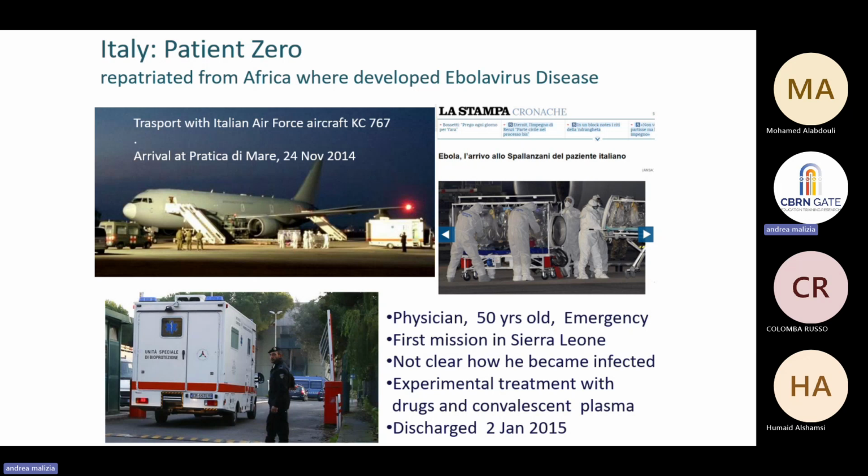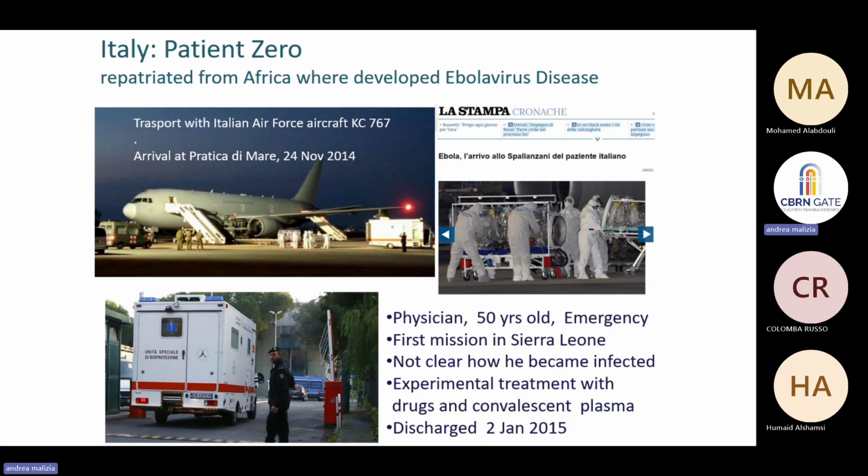It's very dangerous when undressing during an epidemic like this, in particular in a country with a very, very low health system. This person was treated with experimental treatment with drugs like convalescent plasma, and now he is alive and has come back to Sicily.